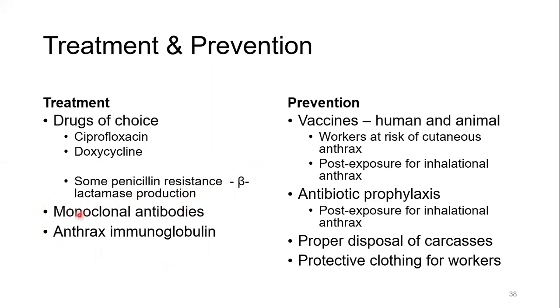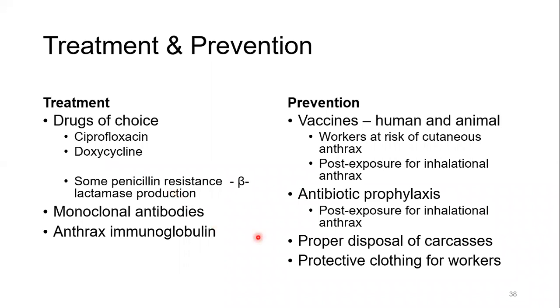The other two treatment options have shown variable effects: the use of anthrax immunoglobulin and monoclonal antibodies. The monoclonal antibodies are basically antibodies produced in the lab from cells or cell lines, and they've been used in the treatment of many other diseases. But these last two have shown variable effects. Some people say that if used in combination with antibiotics, they produce better results.